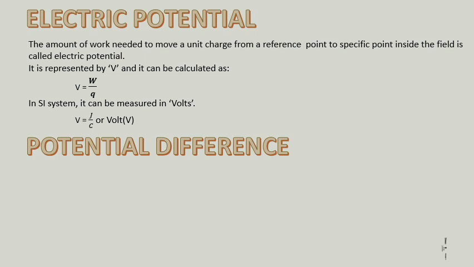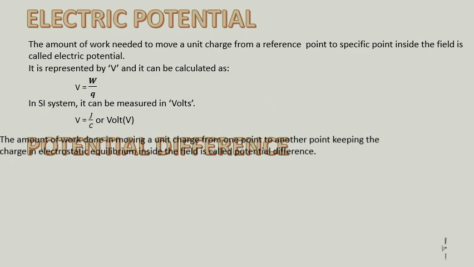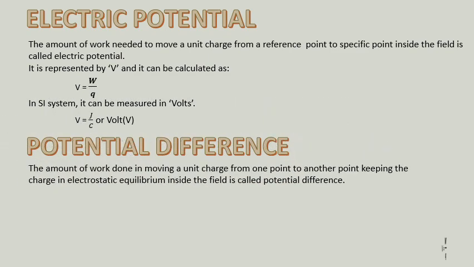But for our convenience, we write an appropriate definition for potential difference, which is like the definition of electric potential. The amount of work done in moving a unit charge from one point to another, keeping the charge in electrostatic equilibrium inside the field, is called potential difference.